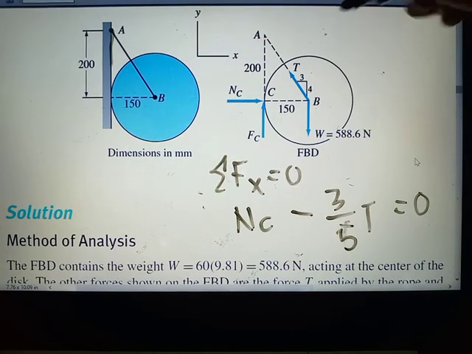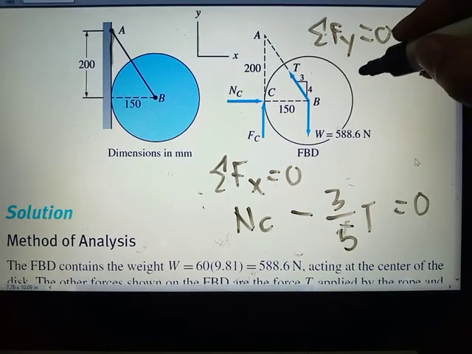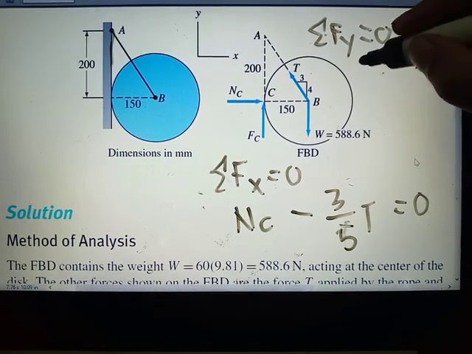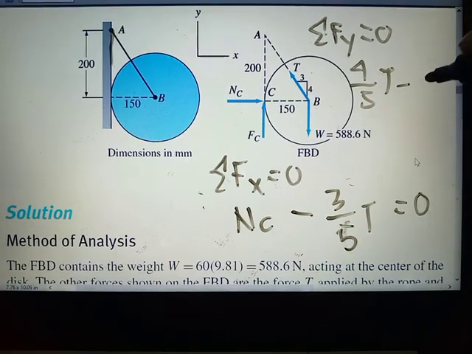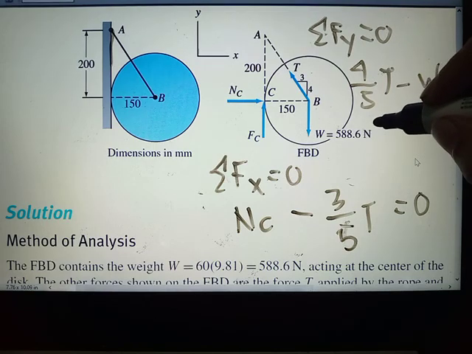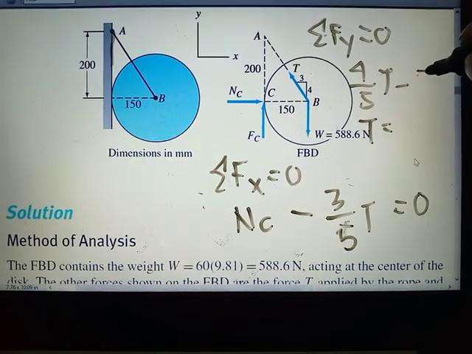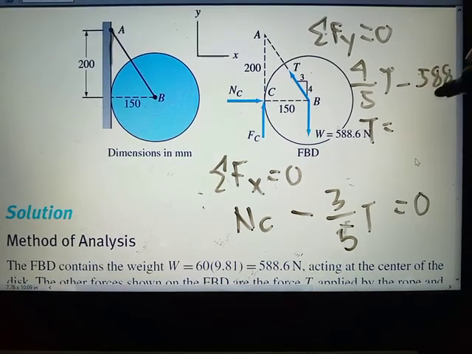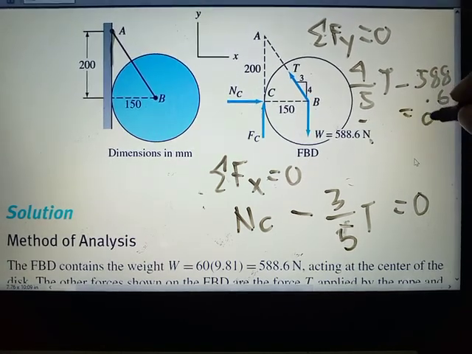For the y-axis, we have 4/5 of T minus W. The W is 588.6, so you equate that to 0.